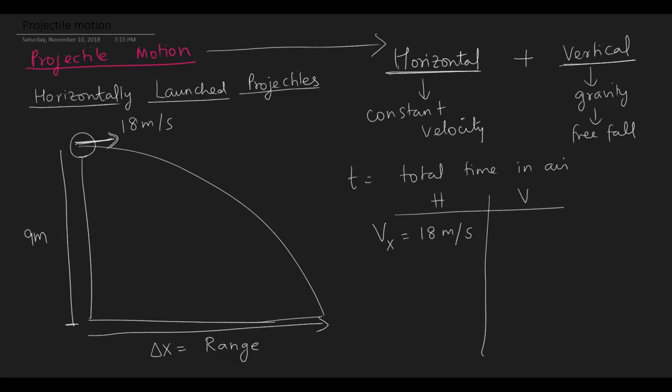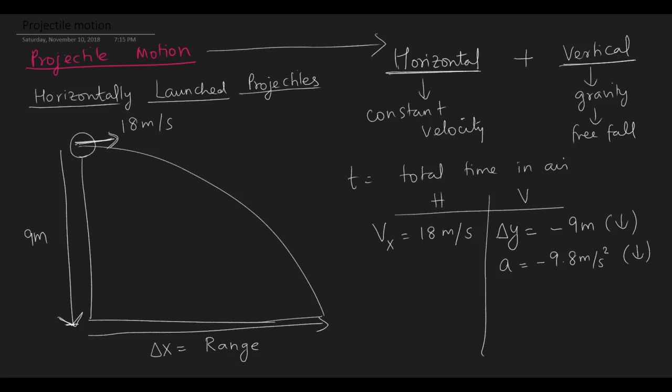Along the vertical, I know that the displacement, it started here and ended up on the ground. So the displacement, which I can call delta y, is -9. The reason I'm writing -9 is because it's a downward displacement. I also know that the vertical motion is free fall, so the acceleration it experiences is -9.8 meters per second squared, which again is in the downward direction.